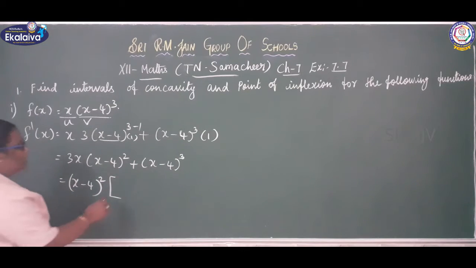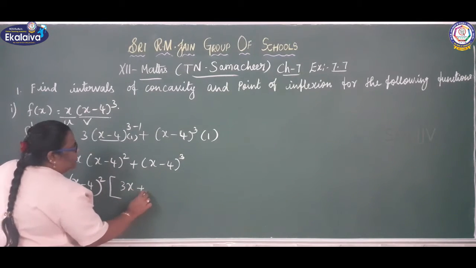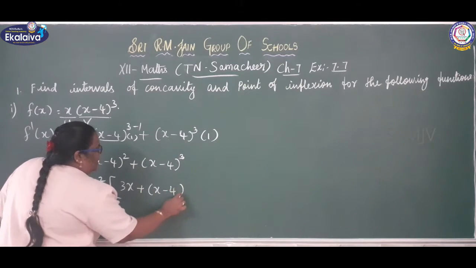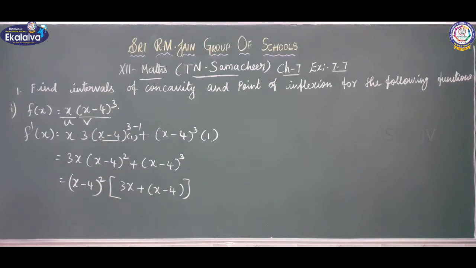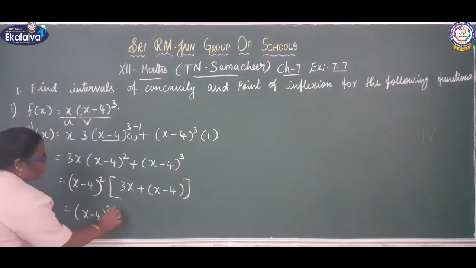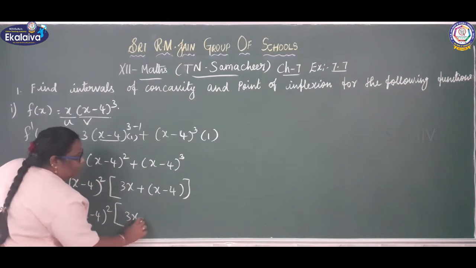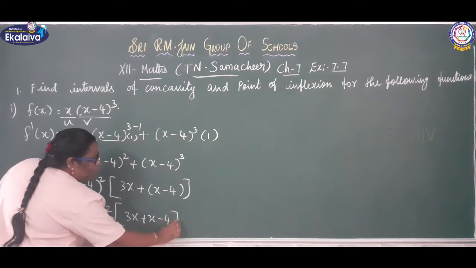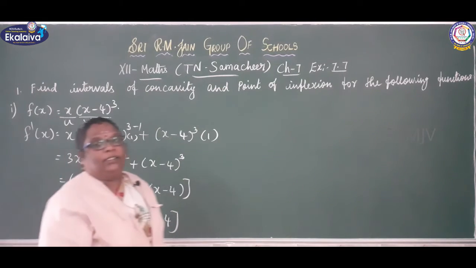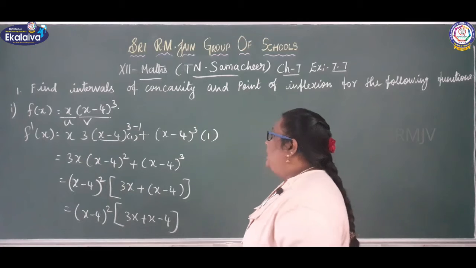What is the remaining value left out here? 3x plus x minus 4. So what is the value? (x minus 4) the whole square into (3x plus x minus 4).